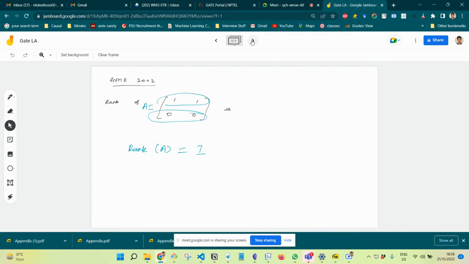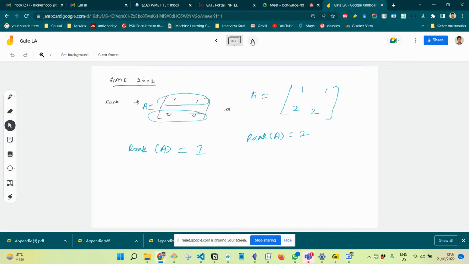All right. Mind you, if the matrix is not in RREF, you cannot count that way. Let's say we give A equals 1, 1, 2, 2. You cannot simply say the rank of A is 2. You can only read the rank by counting the number of non-zero rows when A is in RREF.